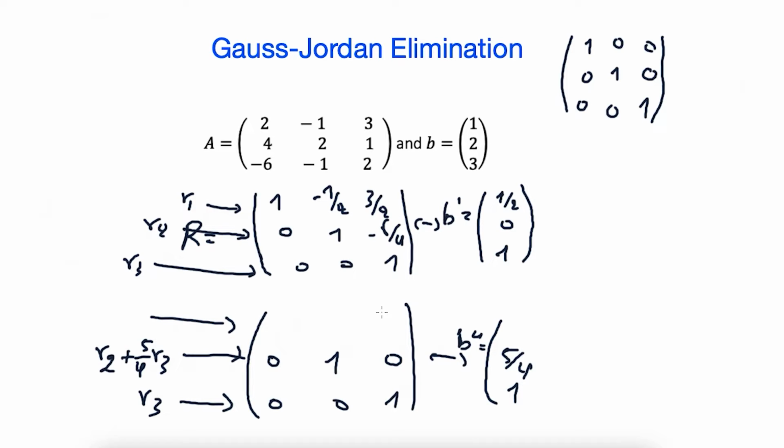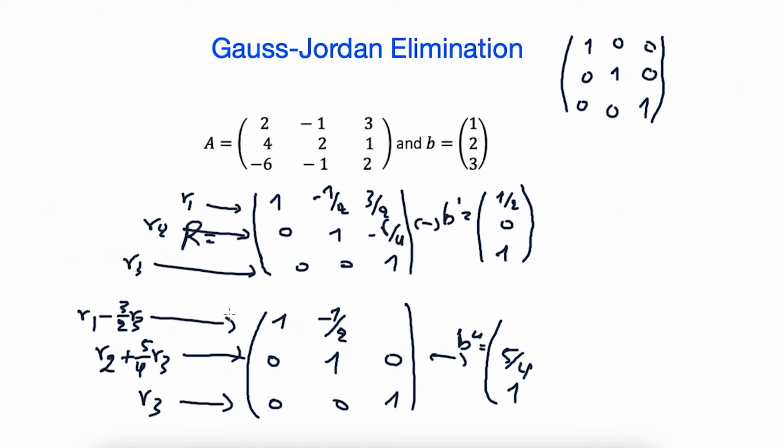And to get 0 at this position we will use R1, where we have 3 over 2, so it will be R1 minus 3 over 2 times R3. So it will be 1 minus 0, which is 1, sorry, and minus 1 half plus minus 3 over 2 times 0, which is minus 1 half.